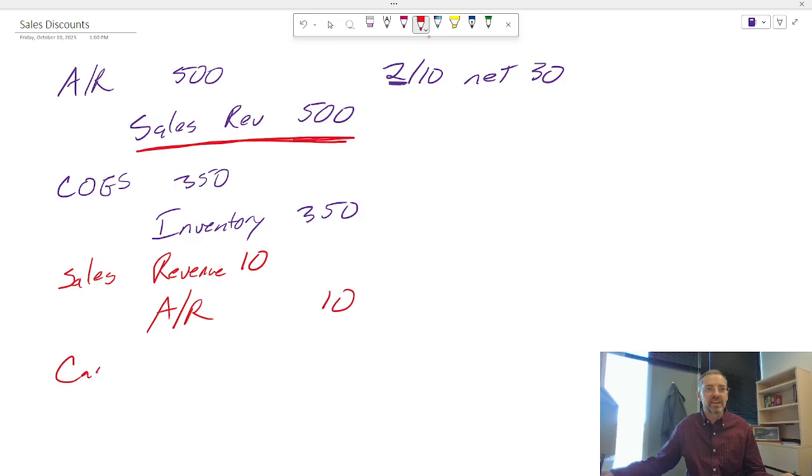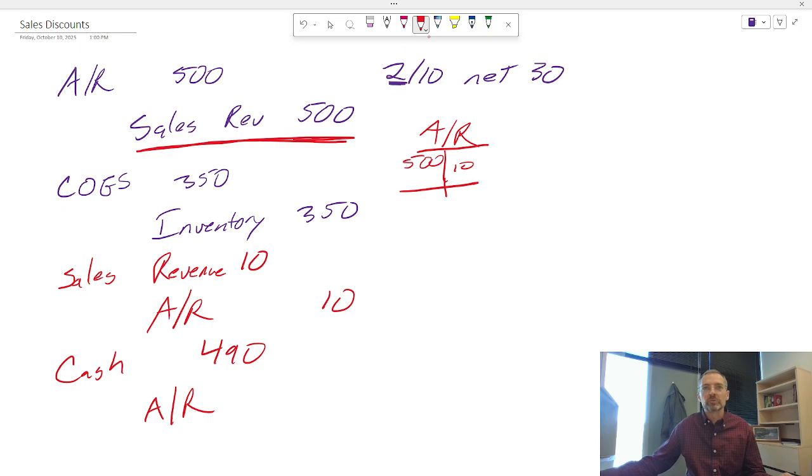They sent us cash of $490, and then they paid off their account. If we look at the accounts receivable, we had 500, we took off 10, and so now accounts receivable shows that they only owe us 490, and indeed, that is what they paid us.